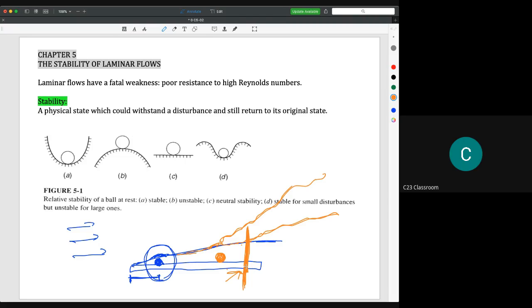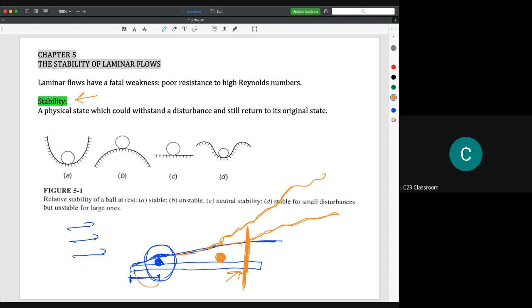First, we need to understand what is the meaning of stability here. Stability can be described as a physical state which can withstand a disturbance and still return to its original state. This is the common meaning of stability.